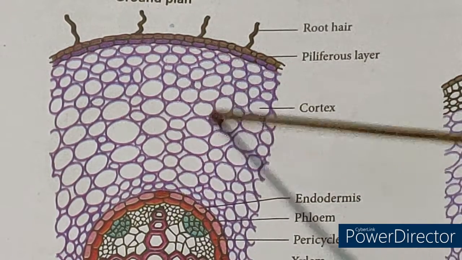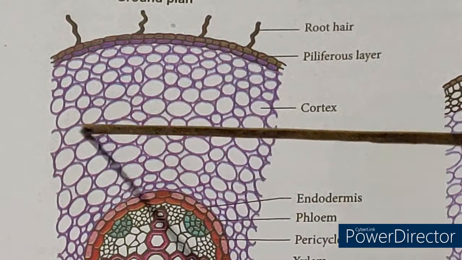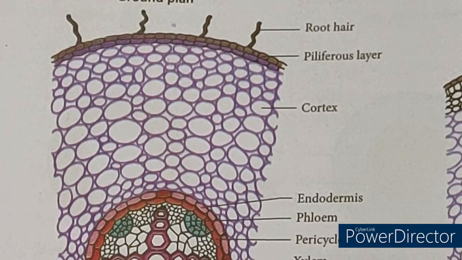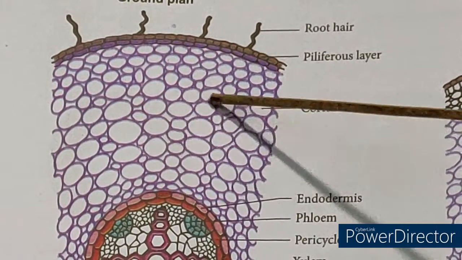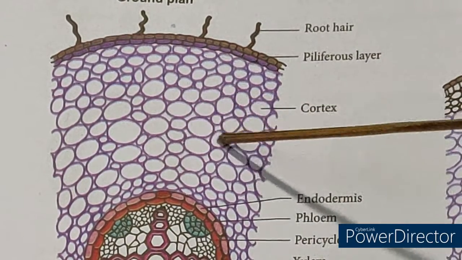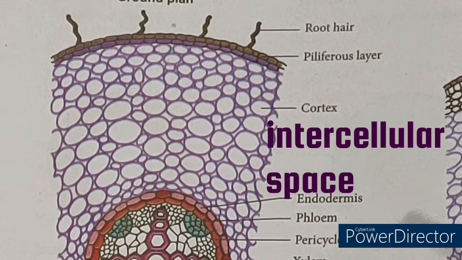It is made of thin walled parenchyma, so each and every cell is a parenchymatous cell. In most cases, when you learn cortex, these cortex cells are parenchymatous with intercellular spaces. I hope you understand.